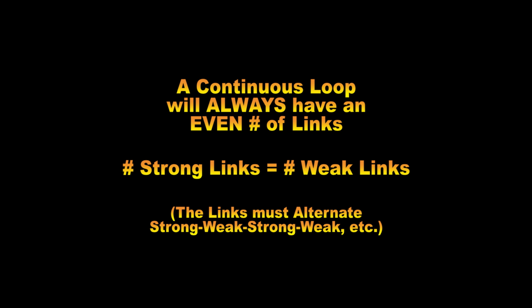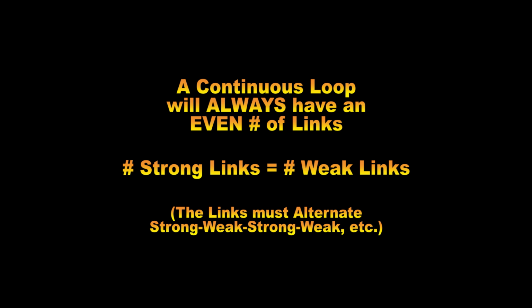Unlike an open-ended AIC Type 1 or Type 2, which both have an odd number of links, a continuous loop will always have an even number of links. Don't forget that. There must be an equal number of alternating strong links and weak links in order for the loop to be perfect.